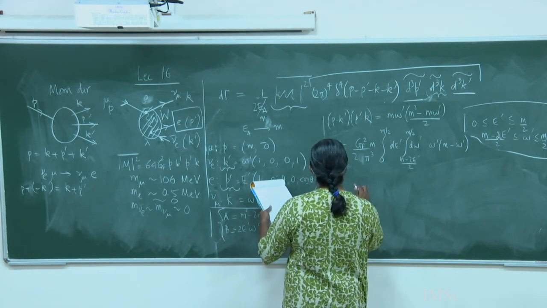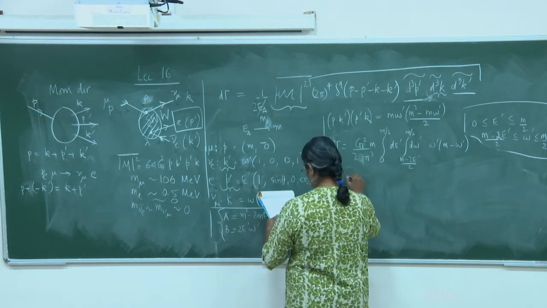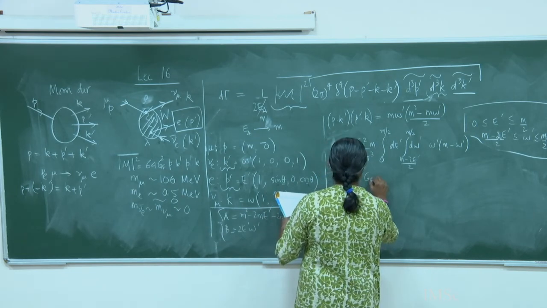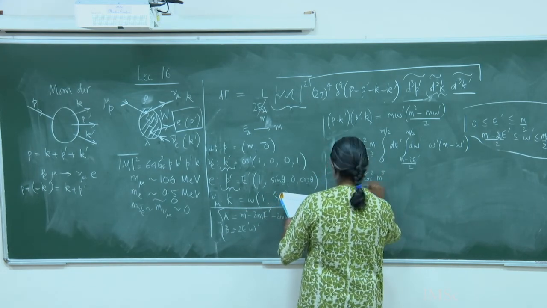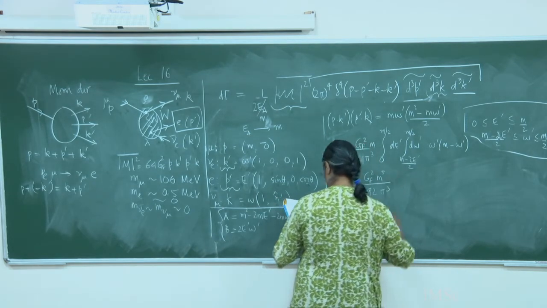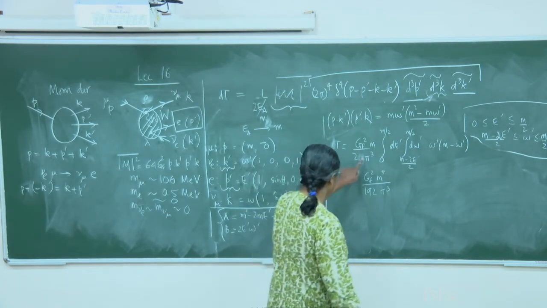It does not matter, I will just write it down. So this integral, of course full gamma, will come out to be G F squared m power 5 by 192 pi cube. Okay, fine. So you can see the pi cubed remains as pi cubed.